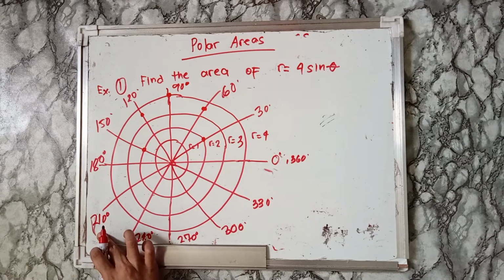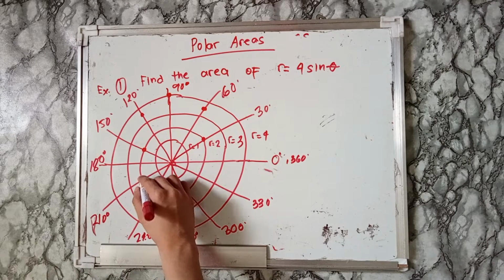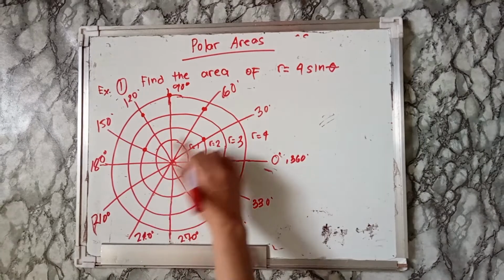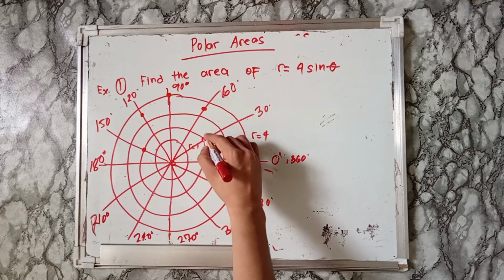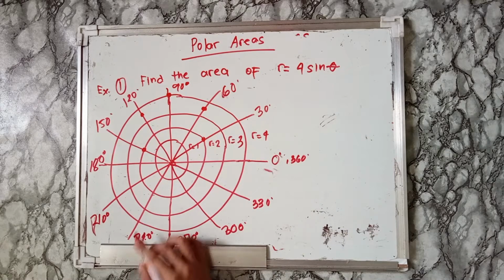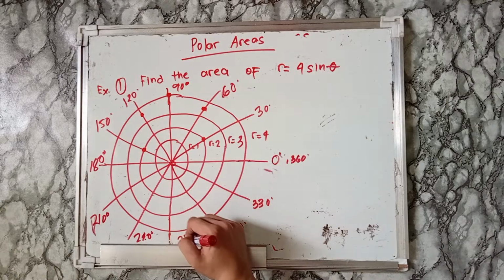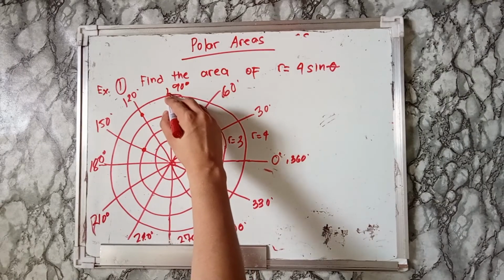When 210, our radius is negative 2, so negative 2 is just the opposite direction, in here, right? If 240, 3.46, the opposite. 270 is negative 4, just the opposite.